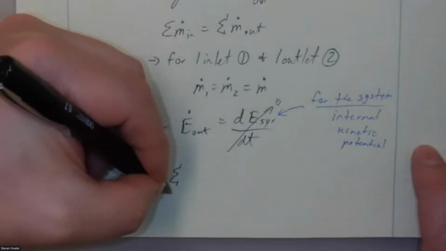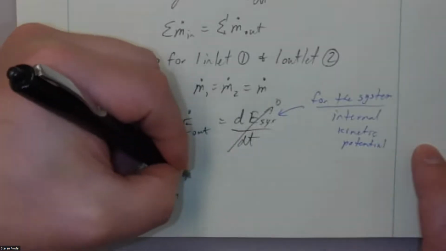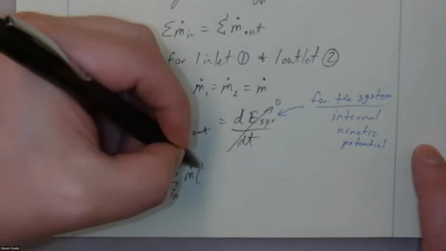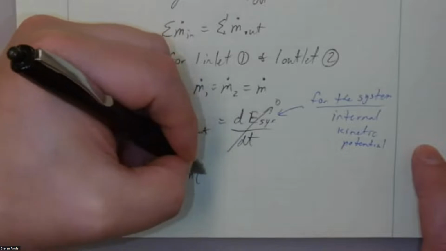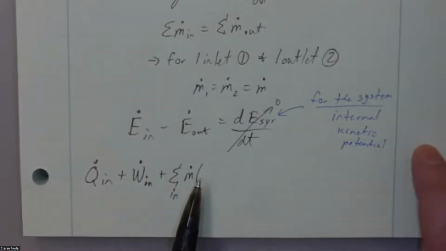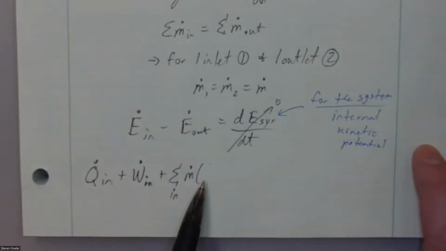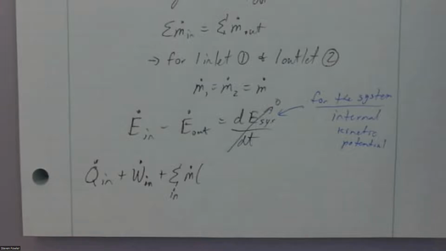plus the summation across all of the inlets, m dot times, and here we're going to use an h, but let's talk about why it's an h. Because the mass that's coming in has its own internal energy, its own kinetic energy, and its own potential energy.